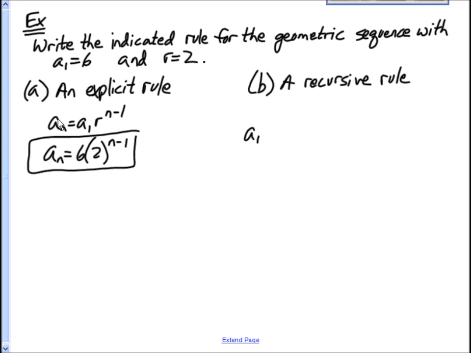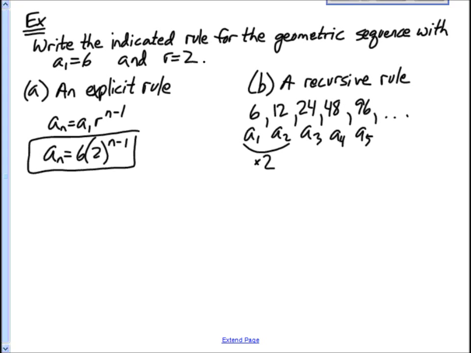Let me write this out again. 6, and your common ratio is 2, right? So we're multiplying by 2 each time. So 6 times 2, 12. 12 times 2, 24. 24 times 2, 48. 96. Anyways, right? So we're multiplying by 2.